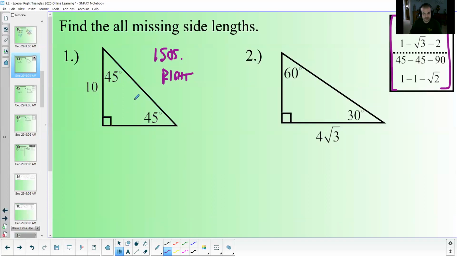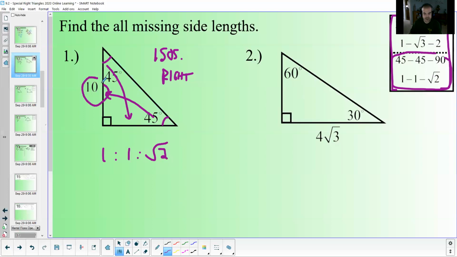Isosceles triangles have at least 2 congruent sides. Using some of our old theorems, we know that this angle and this angle are congruent because they're both 45 degrees. And if the 2 angles are congruent, then the sides opposite them are also congruent. Using our ratio over here on the right, a 45-45-90 triangle has sides in a ratio of 1 to 1 to root 2.